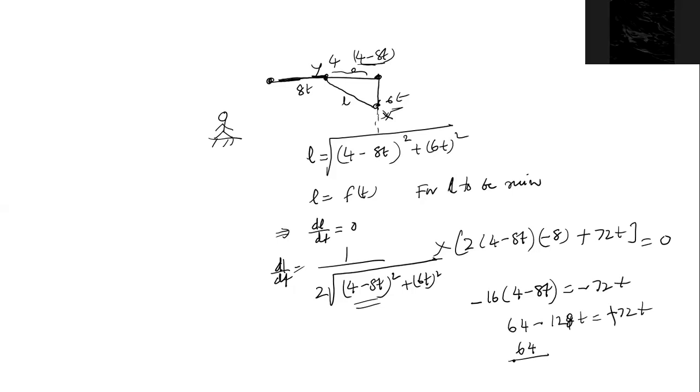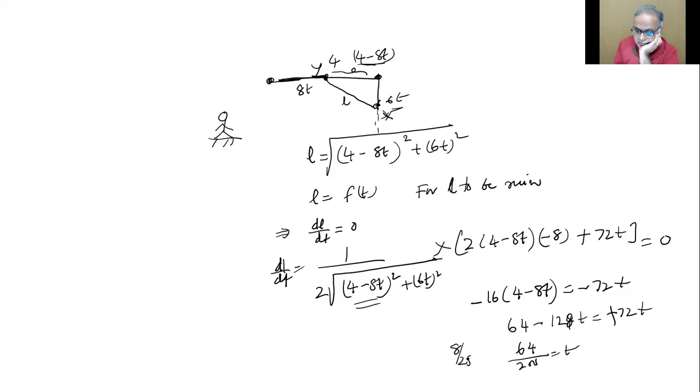This is t. Simplified, it is 8 by 25. That cannot be simplified further. Now this 8 by 25 you will put here to get the minimum.